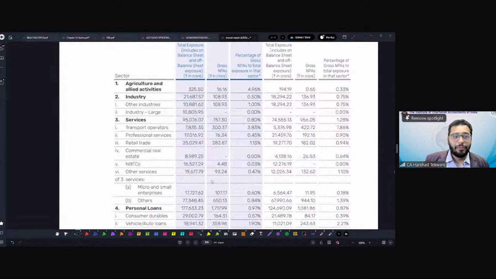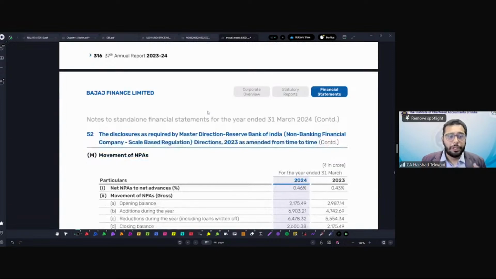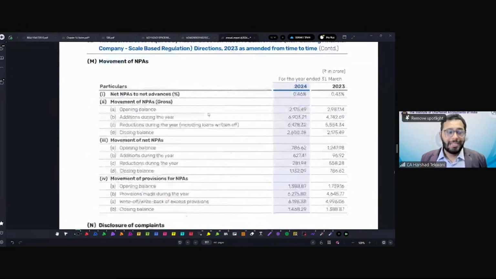Now, if you see total exposure, gross NPA and percentage of gross NPA, they are required to report. Again, they are required to report on the provision that is there. I'll show you the provision part also. See, net NPA to net advances percentage, and they provide the movements. Means what was the opening balance, additions, reductions, closing, and the provisions for the NPA.